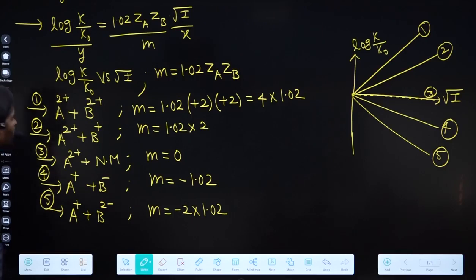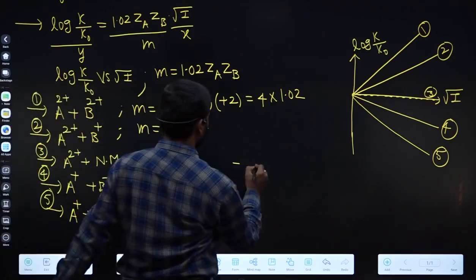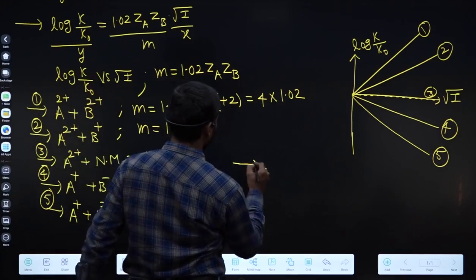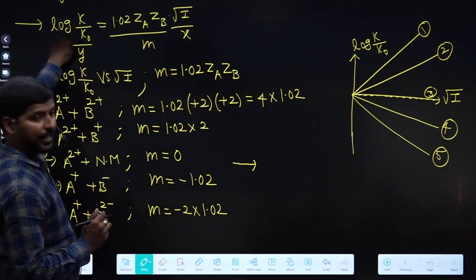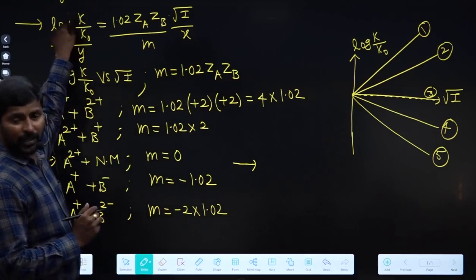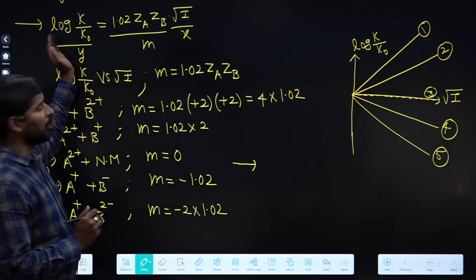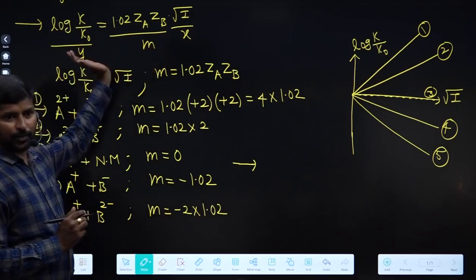Next one. If you see, we have log k by k naught. Log k by k naught we can write as log a by b, log a minus log b, so log k minus log k naught. If you bring log k naught to the right side, it becomes positive.